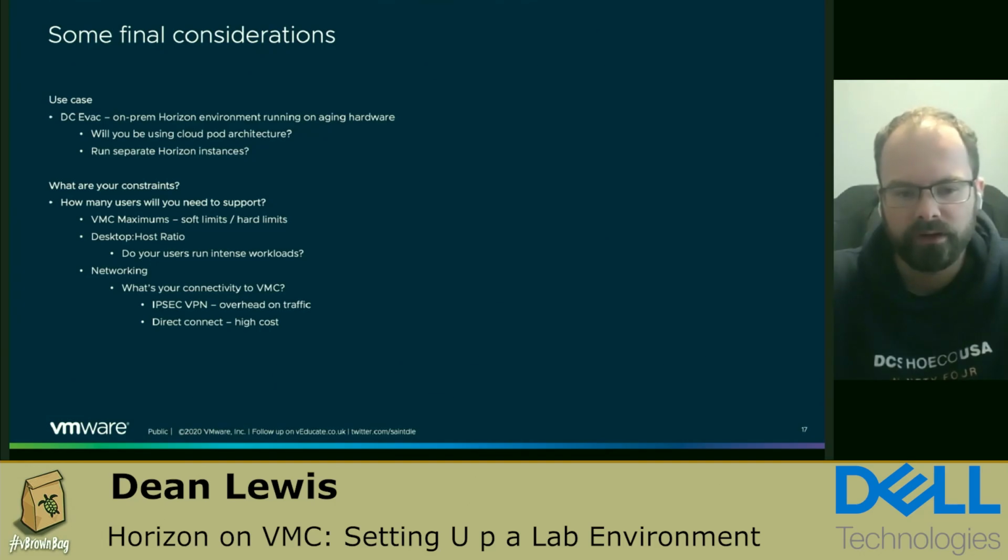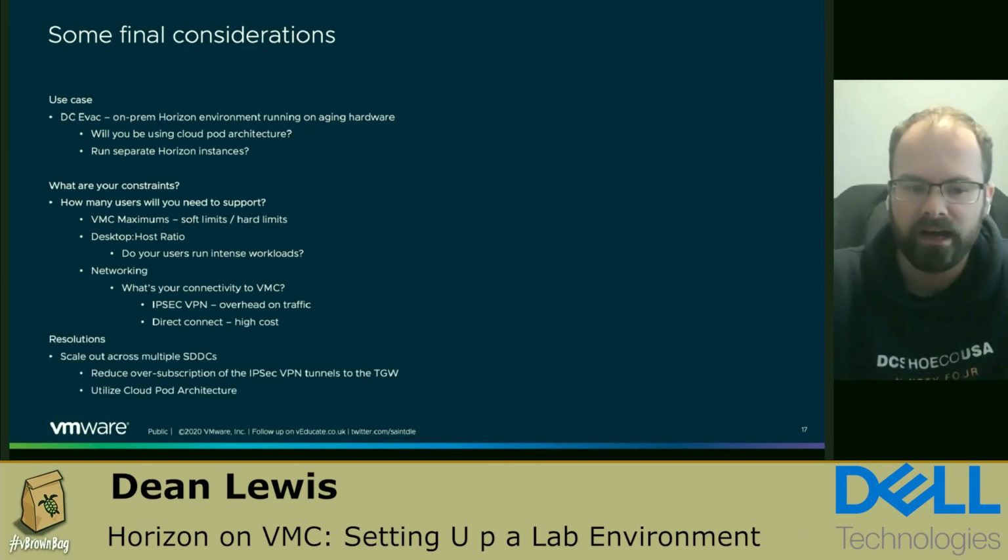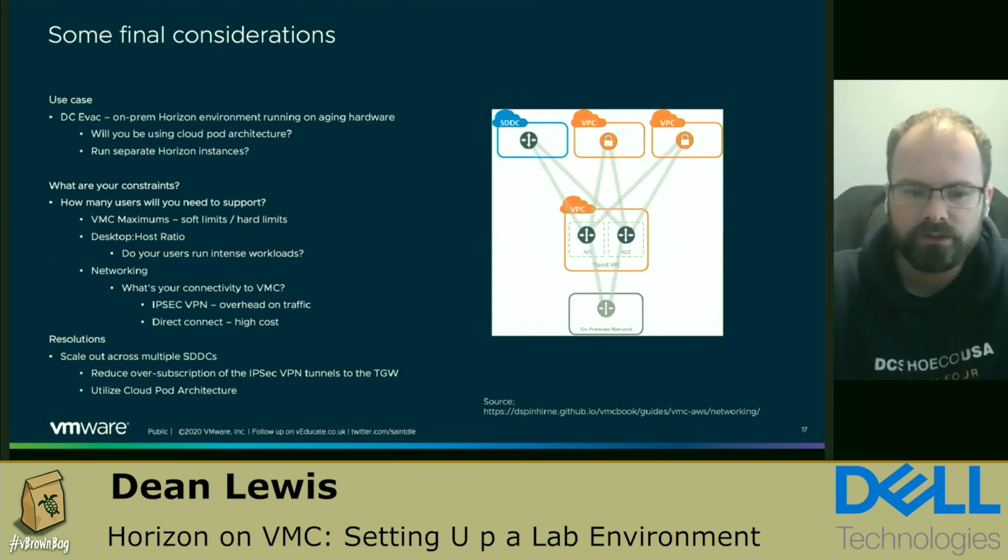And then finally, networking. So what's your connectivity into VMC? Are you using things like IPsec VPNs, which will add an overhead into your traffic? Or are you using the AWS Direct Connect technology, which is faster links, dedicated, but also come at a high cost? And some of the resolutions for this.